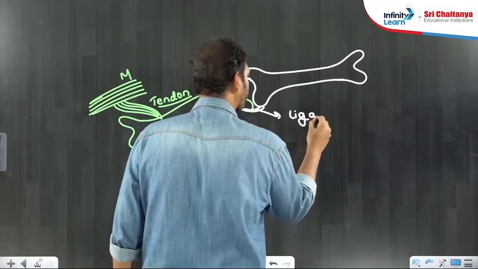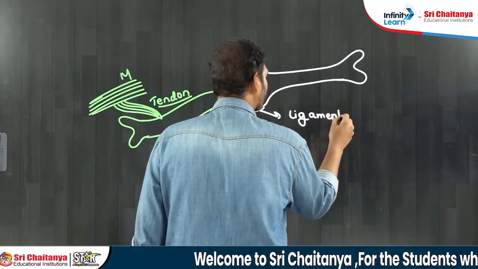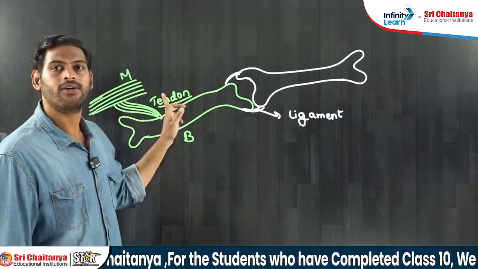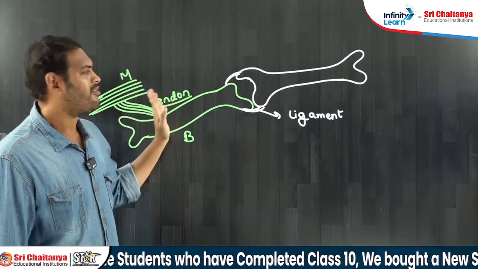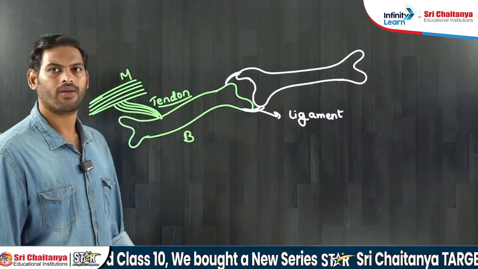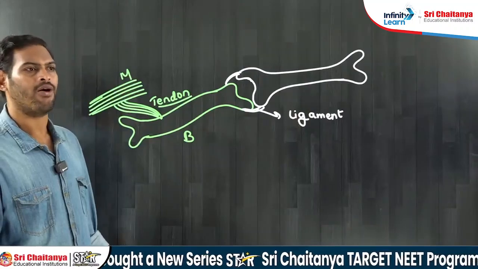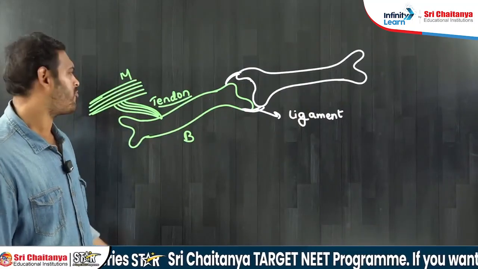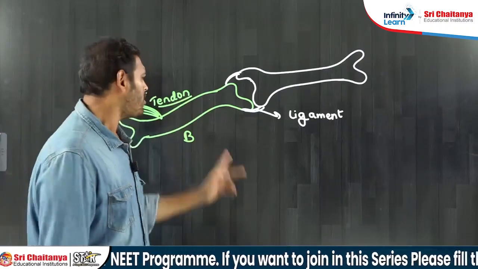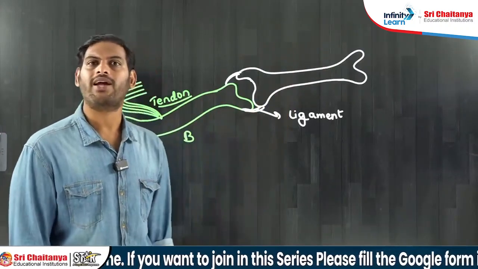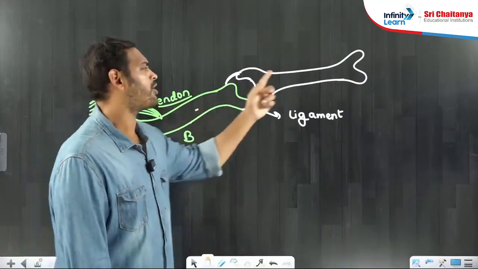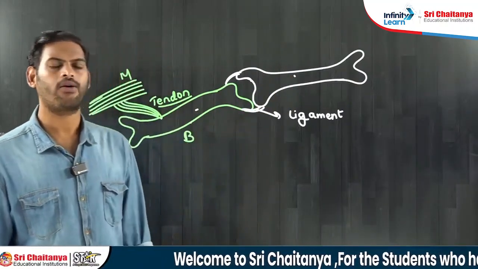Ligament. Without tendons, movement is impossible. Without ligaments, locomotion is impossible. If you have tendons, you can pass energy from muscle to bone. If you have ligaments, you can pass energy from bone to bone. So tendon is between muscle and bone, ligament is between bone and bone. Okay.